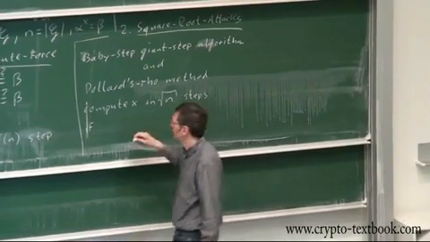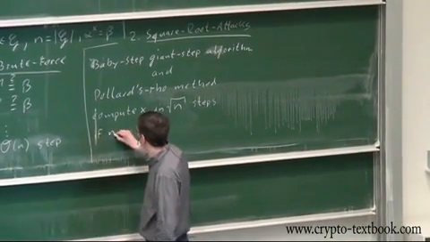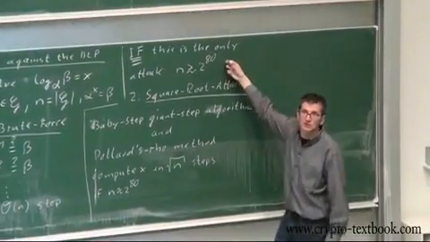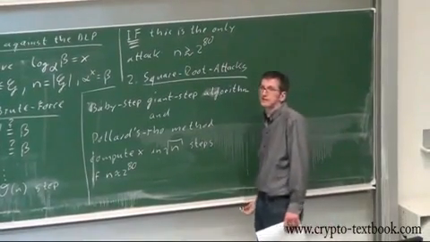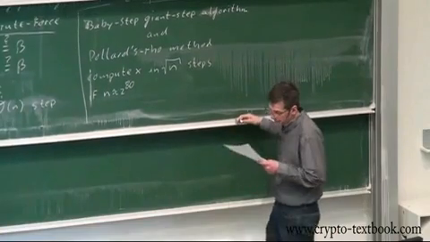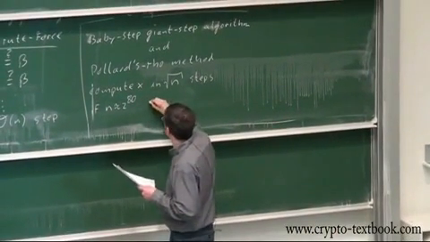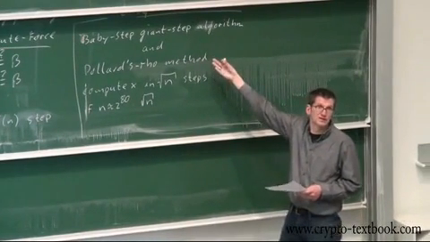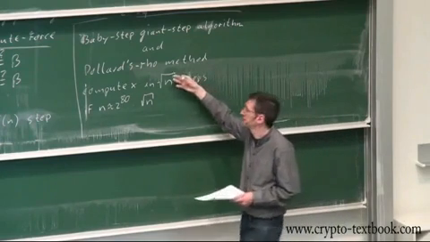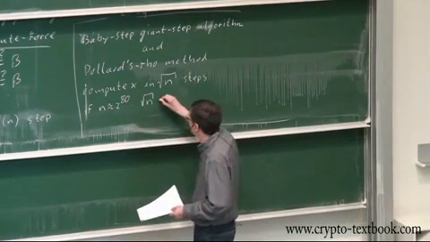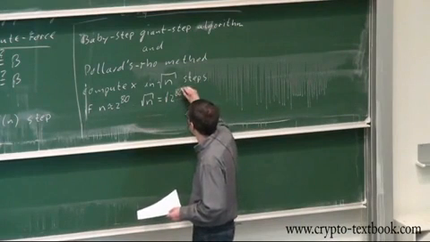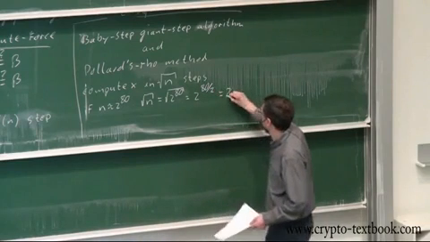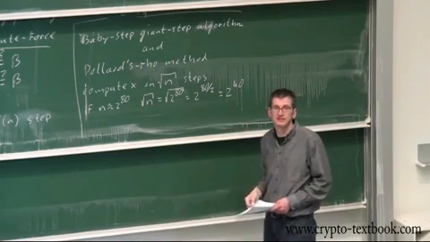The only thing we need to know is that they have square root complexity. If n is approximately 2 to the 80, which was the minimum requirement to be resistant against brute force attacks, then with these attacks, instead of 2 to the 80, you have the square root of 2 to the 80, which is 2 to the 40.